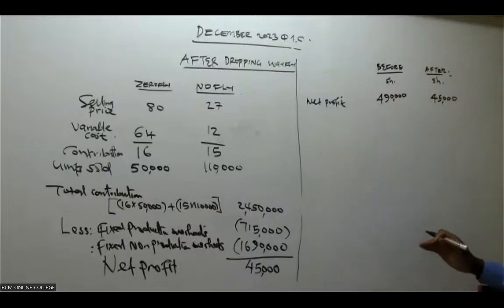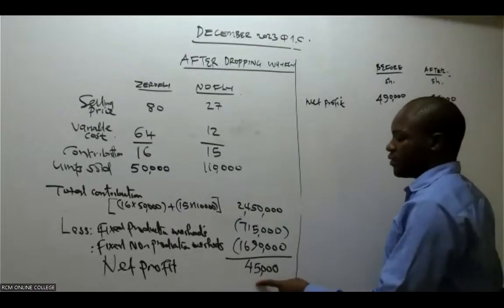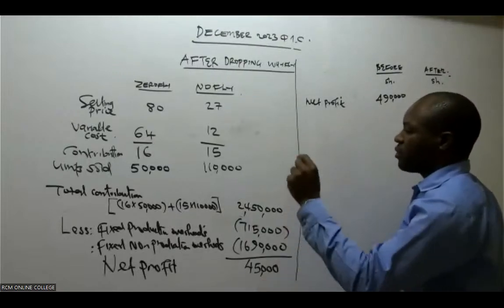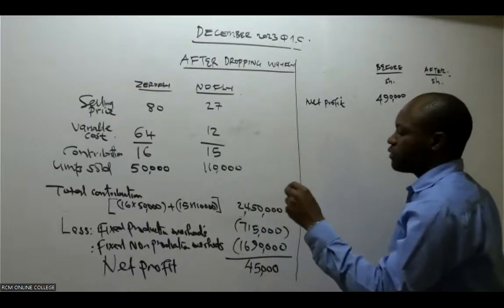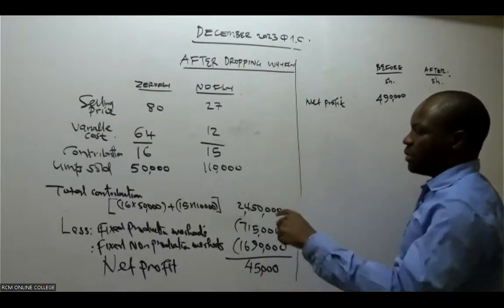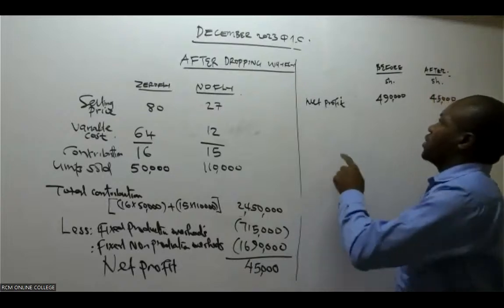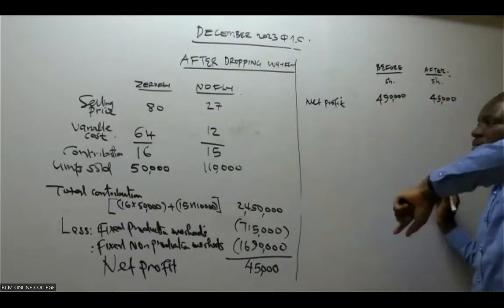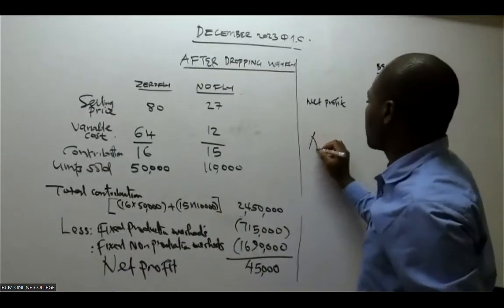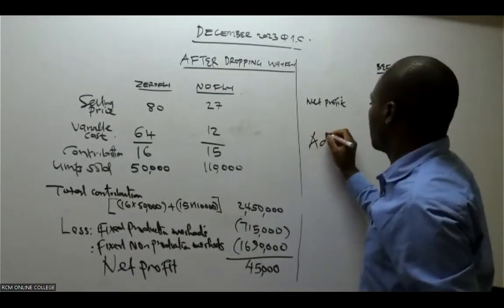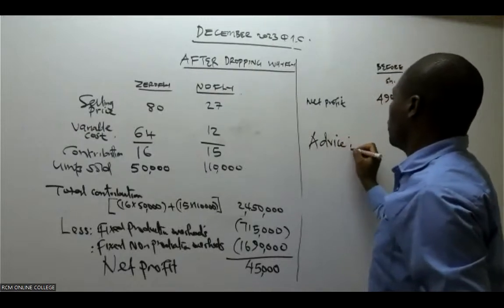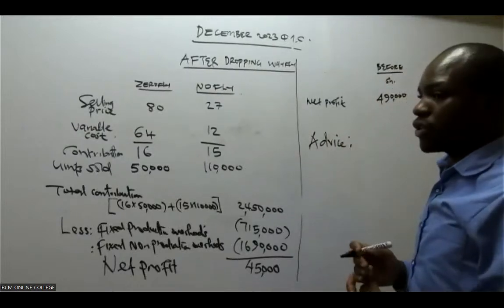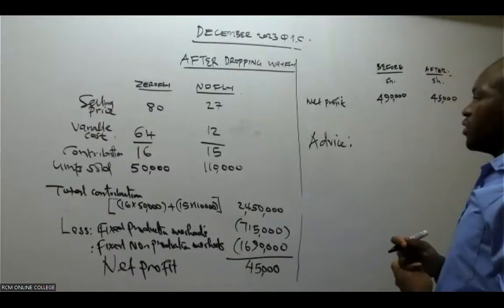If I drop that Wi-Fi, my net profit at the end of the day is 45,000. If I don't drop it, yes, its net profit is below the target, but to the entire company, this is what we are getting as the net profit. So what are we going to do? Advise: continue producing Wi-Fi or discontinue?